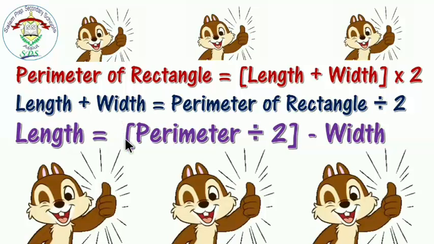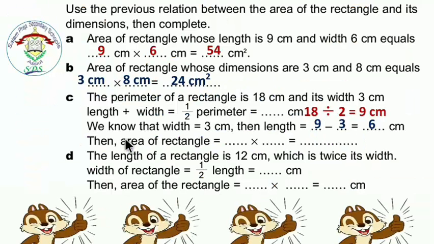Okay, back to our problem. Width equals 3 centimeters, and we know length plus width equals 9 centimeters. So 9 minus 3 equals 6 centimeters. Please take care, half means divided by 2.